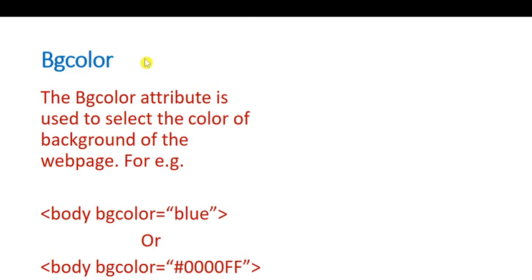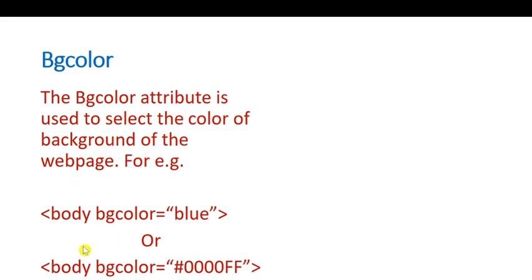Now let's go to the next one, BG color, an attribute of body text. What is it used for? The BG color attribute is used to select the color of the background of the web page.